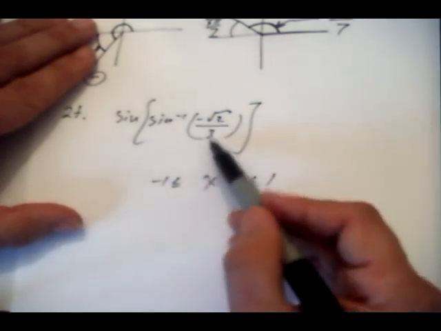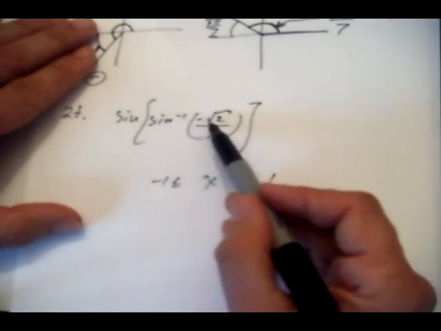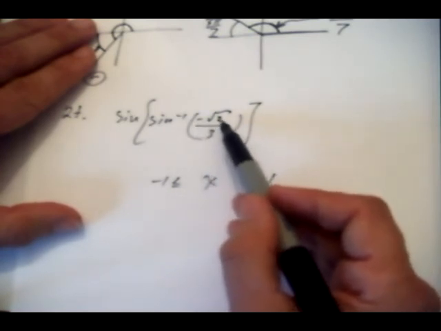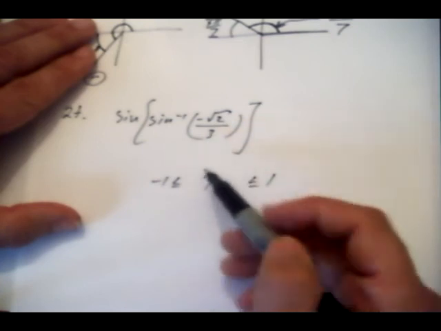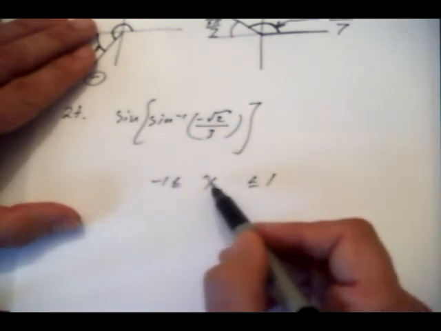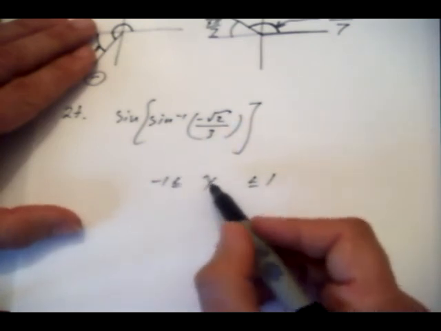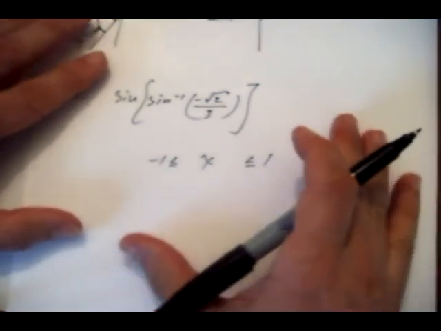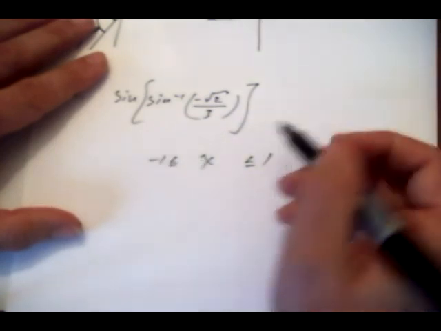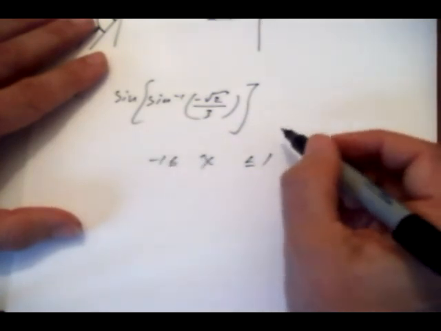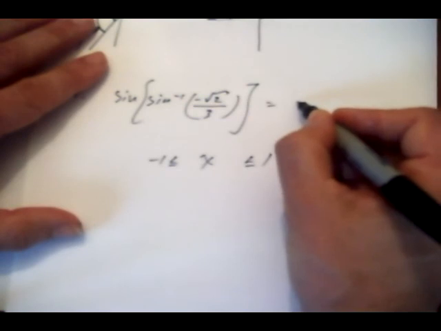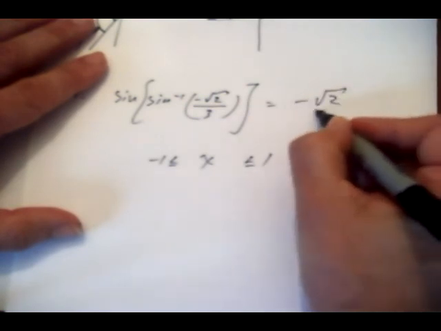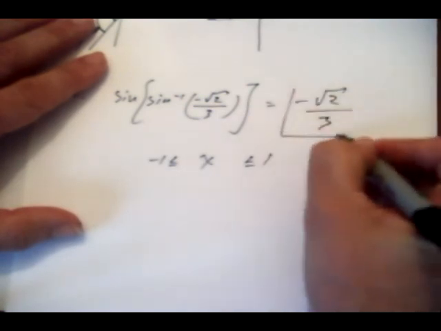If you think about it, -√2 is less than 2 when you divide it by 3, therefore this will be less than 1, and greater than -1. So the answer is, this is a read-through problem.